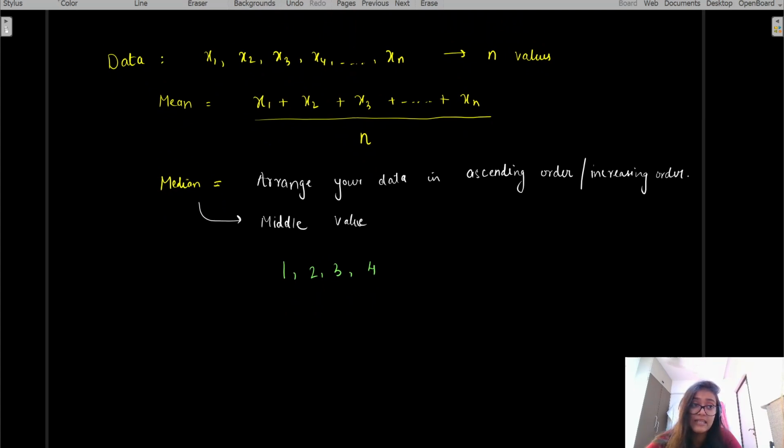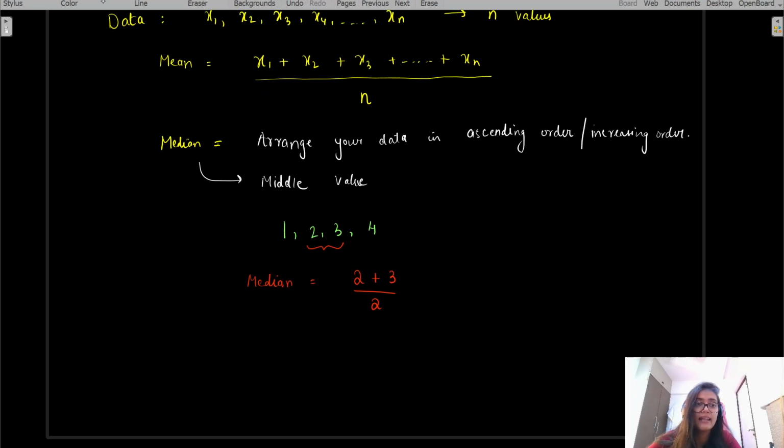Well, in that case, the median is gonna be the mean of the 2 centralmost values. So in order to find the median, you're going to take the average of the 2 central values. So that's your median.